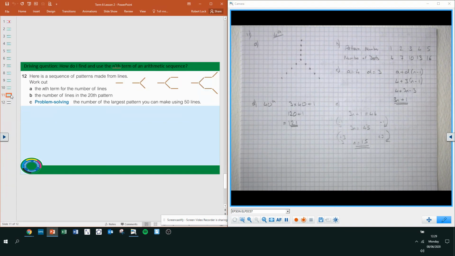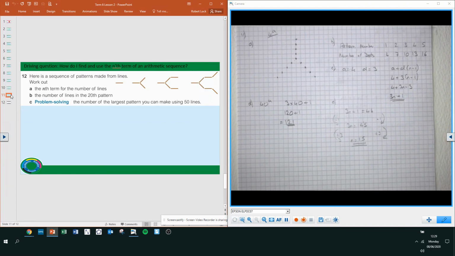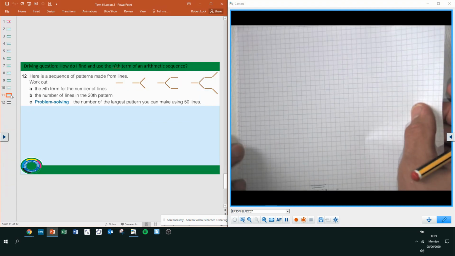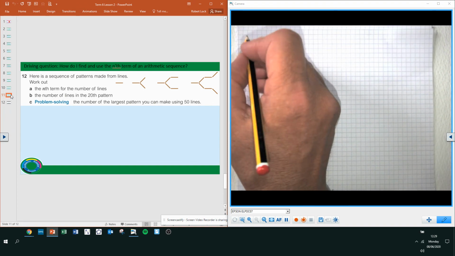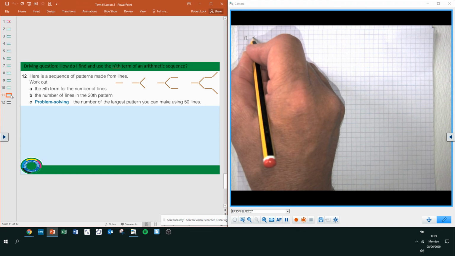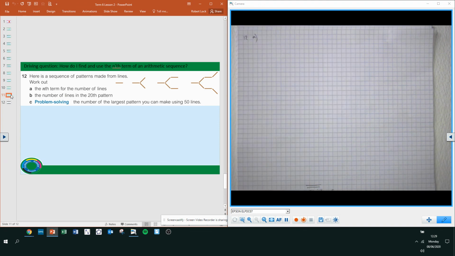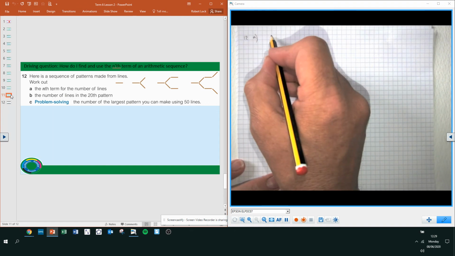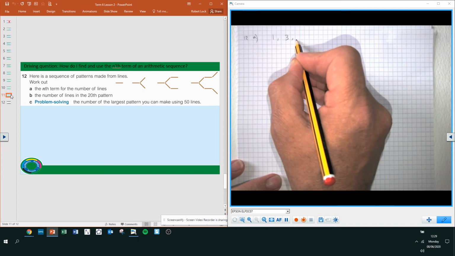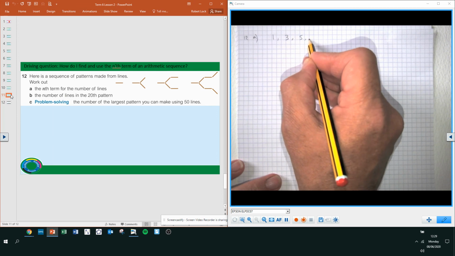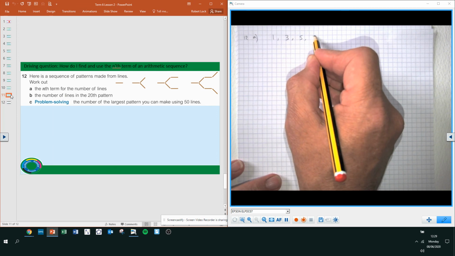Question 12. Here's a sequence of patterns made from lines. Work out the nth term of the lines. Well, you must have a bit of numbers here. So the first one, 1, 3 lines, 5 lines, 7 lines.